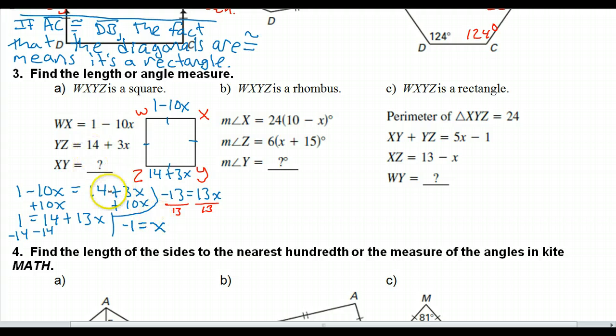But that's not the answer to the question. We're supposed to say what the value of WX is. So we have to take this x and plug it in. So if I take this and plug it in, then that's going to give me 1 minus 10 times negative 1.